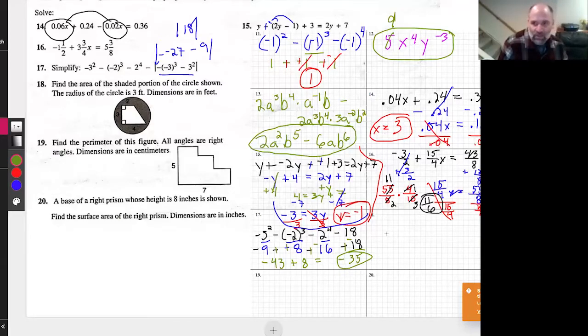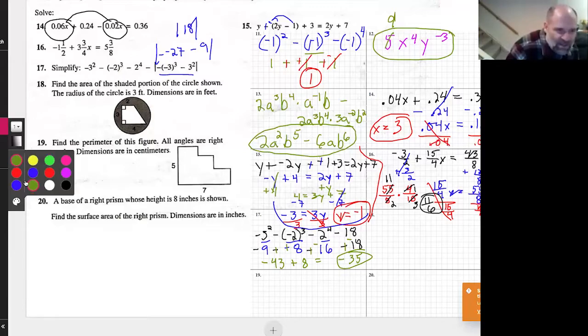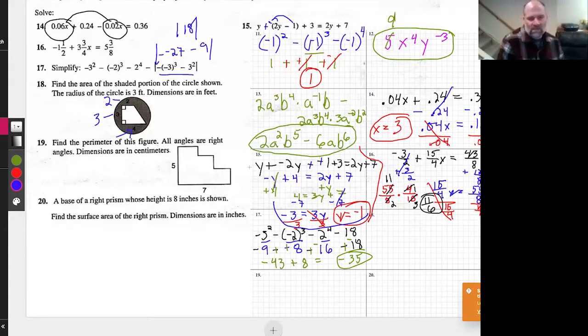All right, 3 more. Can we do it? I think so. So hopefully you can see these numbers, but I'm going to write them out here just in case you can't. That's a 2 right there. This is a 3, and that's a 4. So the only way you can solve this or find the area of the shaded portion is find the area of the circle and then subtract this little trapezoid thingy here.